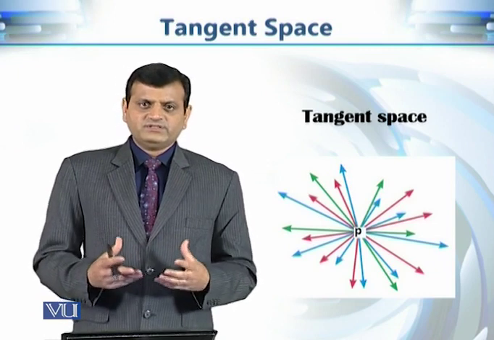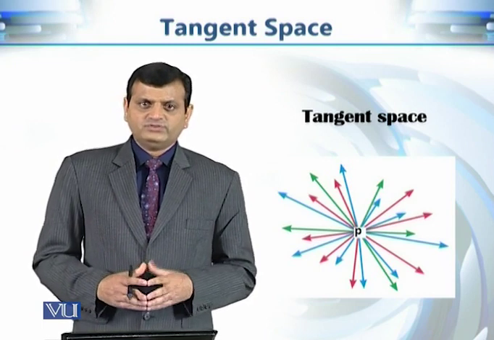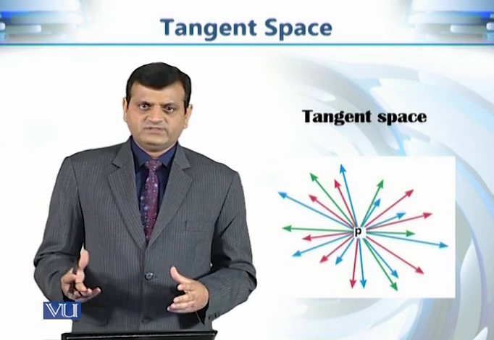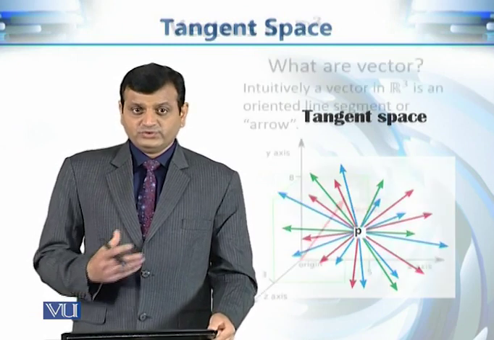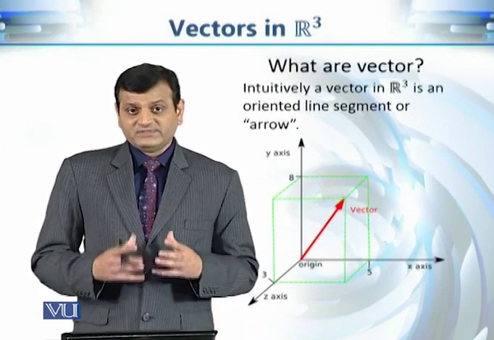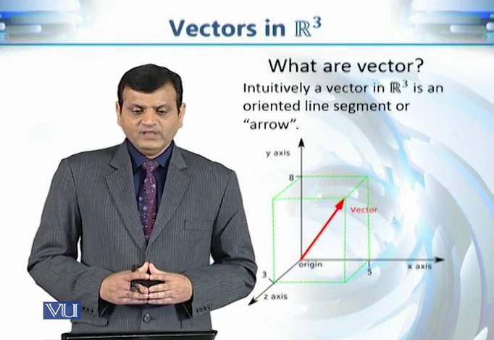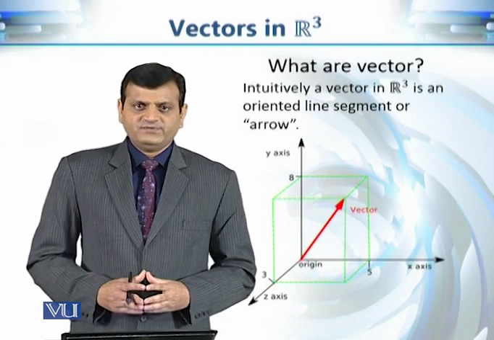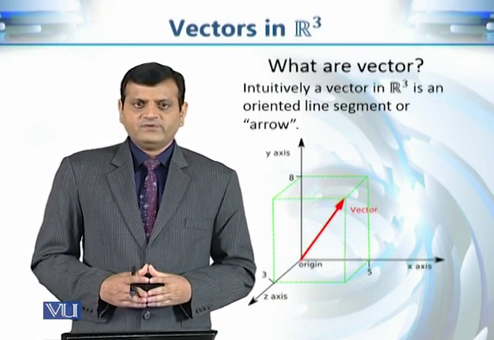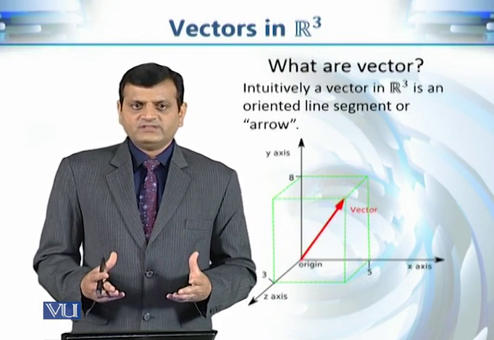Now we will be discussing in future different vectors associated to curves and surfaces as well. So it is very important to define what a vector should be, a precise definition of a vector in R3. When we talk about R3, a very usual, rough way of defining a vector is that it is a quantity that has magnitude as well as direction.